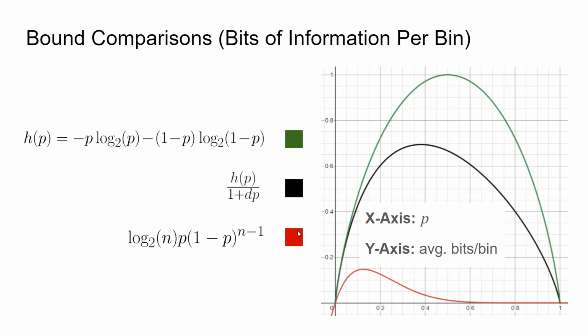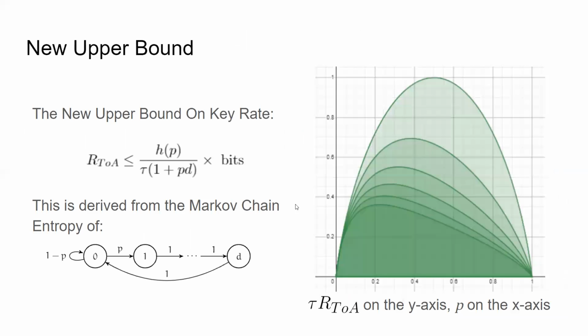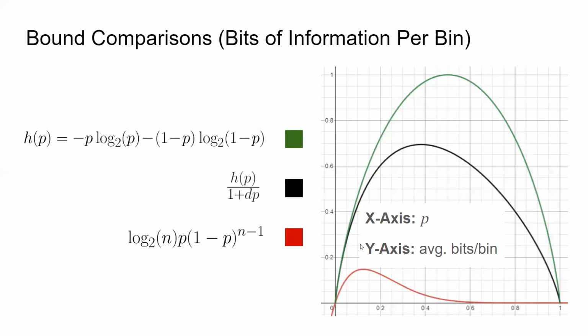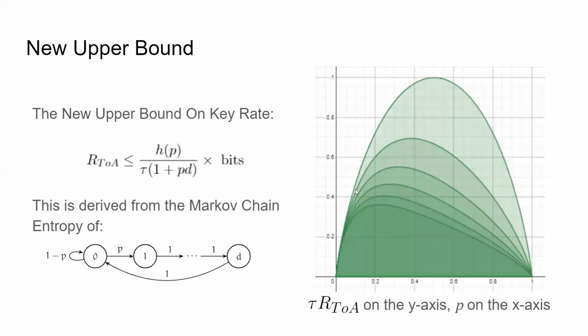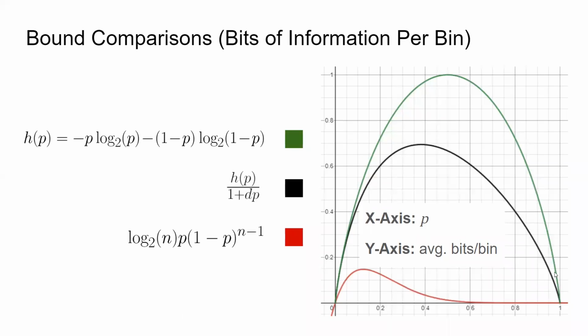So we have this red curve, which is PPM, and then this black curve, which is what we saw earlier, tau times r sub TOA when you do consider D, and I don't remember what the value for D is. It looks like it's probably D equals 1. And the green curve would be the case of D equals 0, so that's just the binary entropy function on its own.